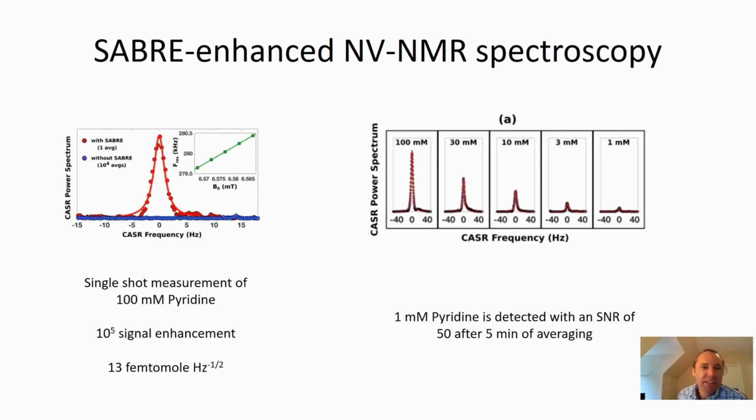Here are some of the central results: we have a single shot measurement of 100 millimolar pyridine, which is quite low compared to anything else that has been detected with these NV centers before. We have 10^5 signal enhancement over the thermal polarization at those fields, and the sensitivity, measured in femtomoles per root hertz, is as low as 13, which I think is a new milestone in this technique.